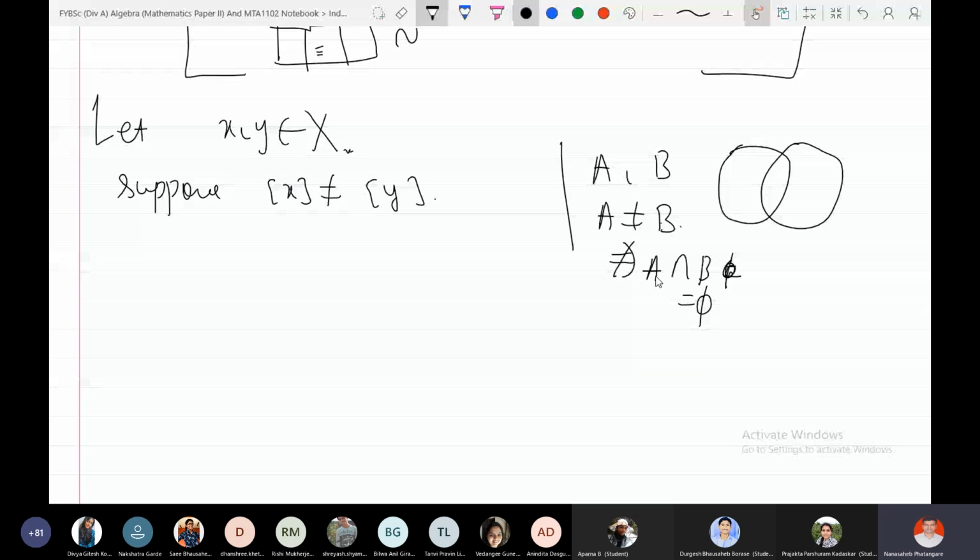This is not true. For example, look at these two sets A and B. Are they equal? No, sir. Not equal, and they are not disjoint also. Something is overlapping.